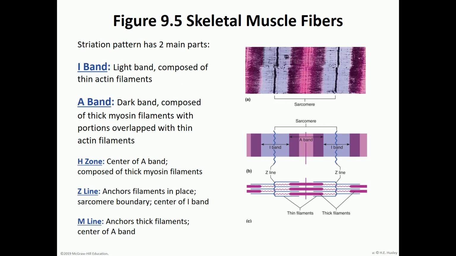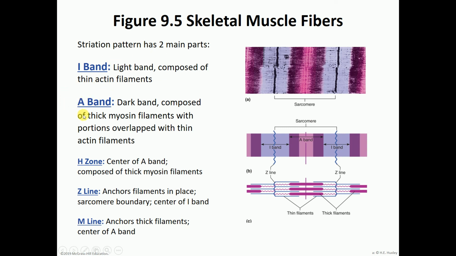Here again are the different parts of the sarcomere, and like I said, the striations that you see under an electron microscope for skeletal muscles are due to the configuration of these myosin and actin filaments that are found perfectly parallel to each other. Again, your I band is where you only have the thin actin filaments.